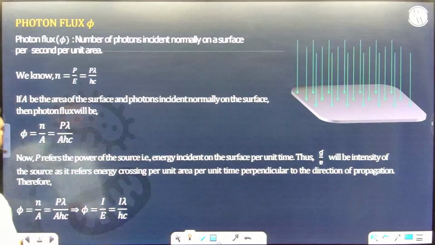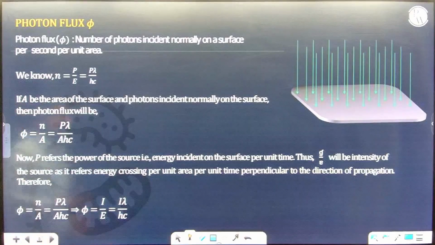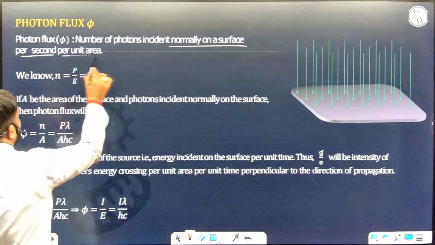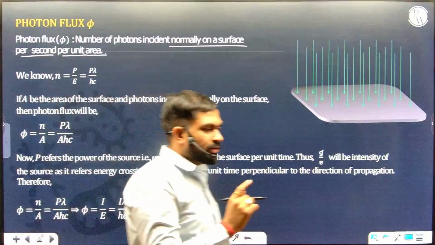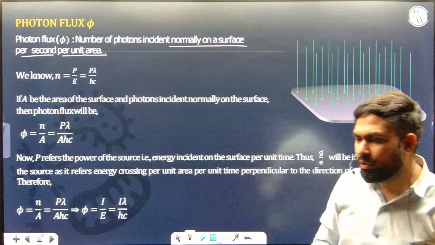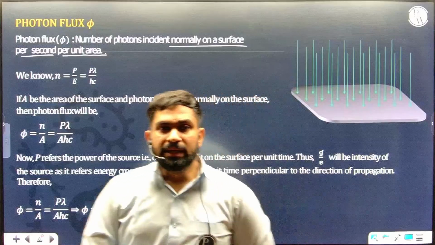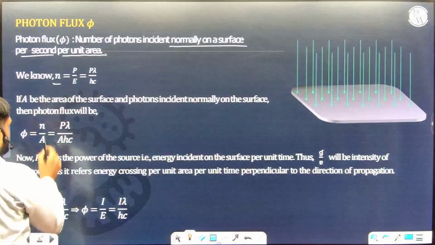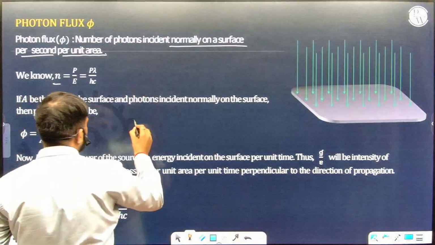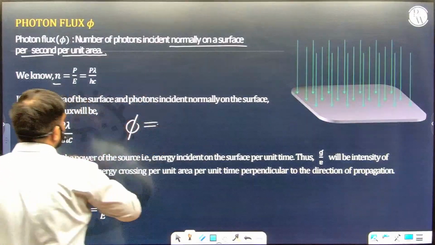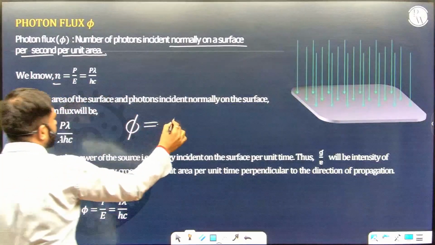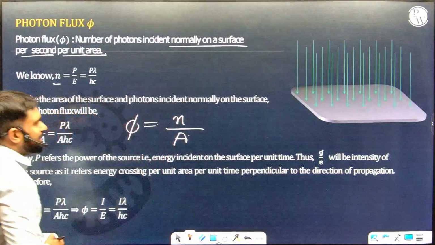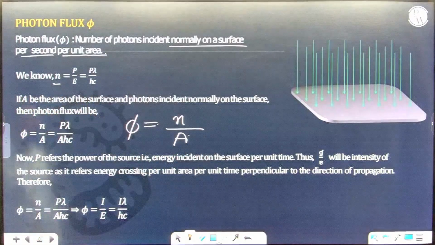They are saying that photon flux is defined as the number of photons incident normally on a surface per second per unit area. So there we saw small n was the number of photons per unit time. If I divide it by the area, I get photon flux. So here I'll write the photon flux as phi, and it will be small n, the number of photons per unit time, divided by the area over which it is falling normally to the surface.